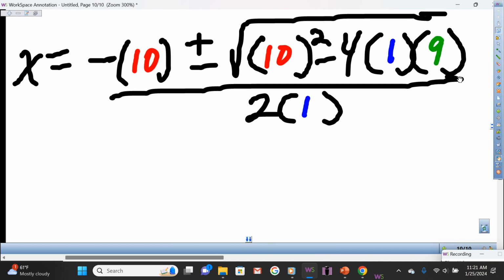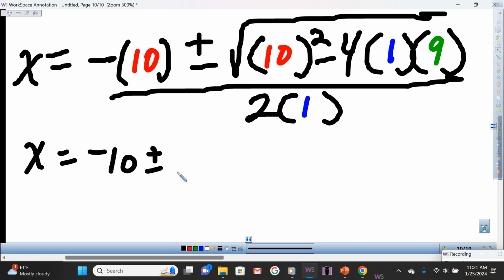So let's do the computation. Here we go. We got x equals negative times a 10, that's negative 10, plus minus. What is 10 squared? 100. Minus.